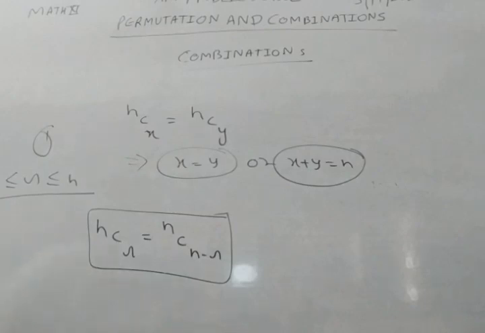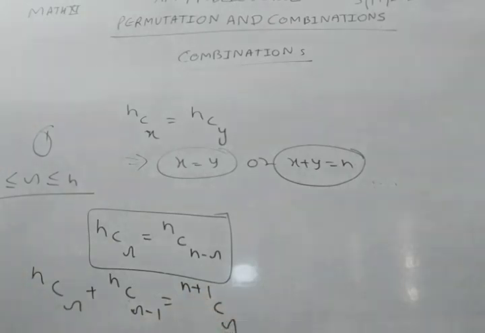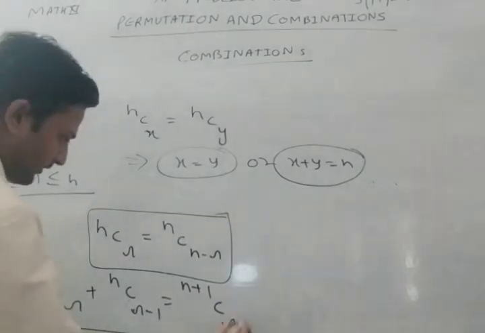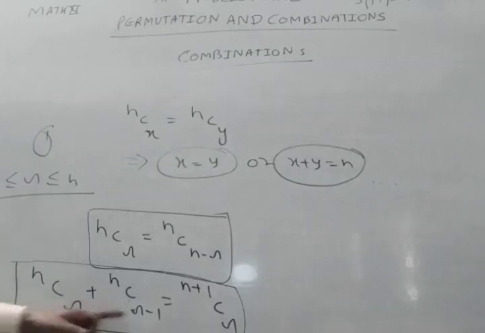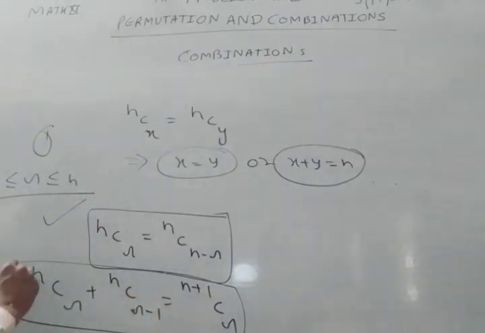Now another property is nCr plus nC(r minus 1) is equal to (n plus 1)Cr. This is another property.